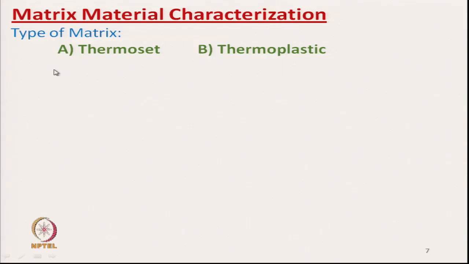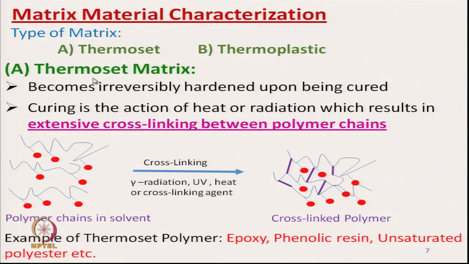So, there are two types of polymer matrix material, thermoset matrix and thermoplastic matrix. First we will discuss the test methods related to thermoset matrix. So, what is thermoset matrix? It becomes irreversibly hardened when cured.